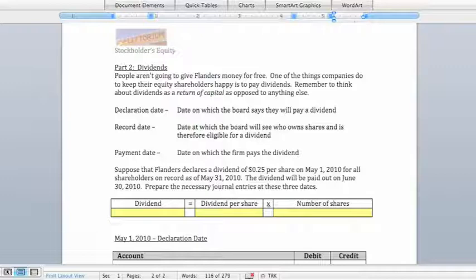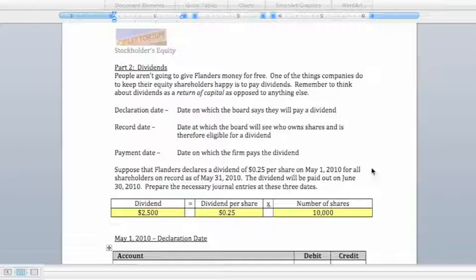So let's go through the entries at each of these dates, assuming that Flanders announces a 25-cent dividend per share. We're going to take this dividend per share of 25 cents and multiply that times 10,000, because that's the number of shares that are out there. And so Flanders is going to end up paying $2,500 in dividends to his investors.